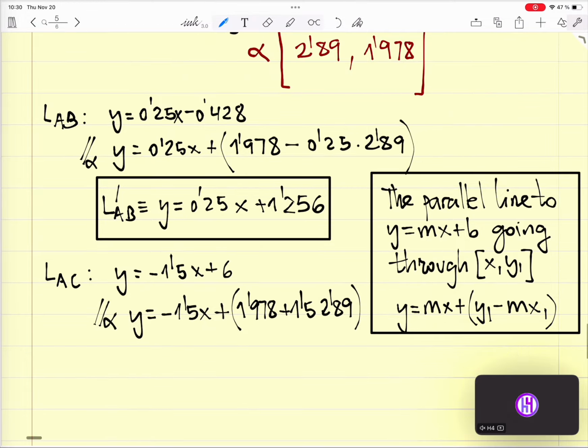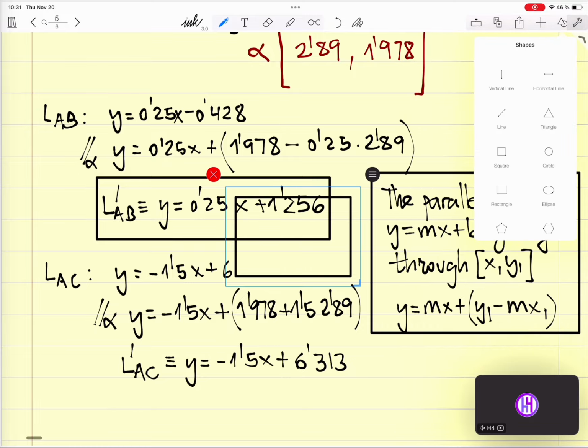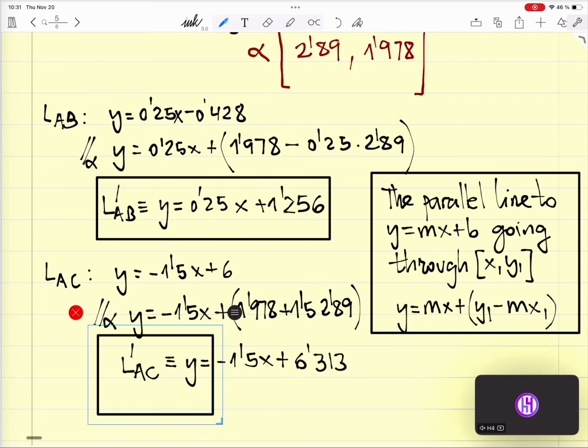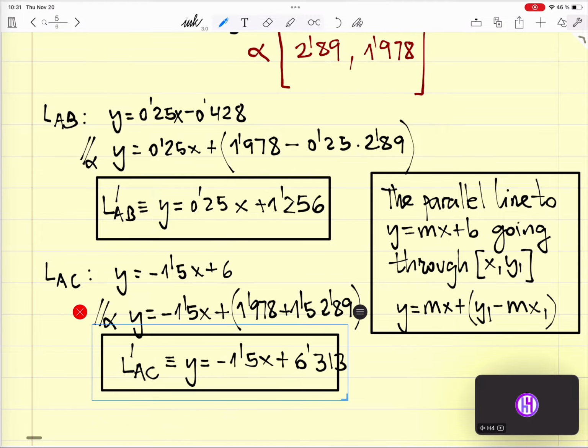So the parallel line LAC in our problem is y equal minus 1.5x plus this number, let me do it, 1.978 plus 1.5 times 2.89 equals 6.313. Okay, this is the second solution of 3.